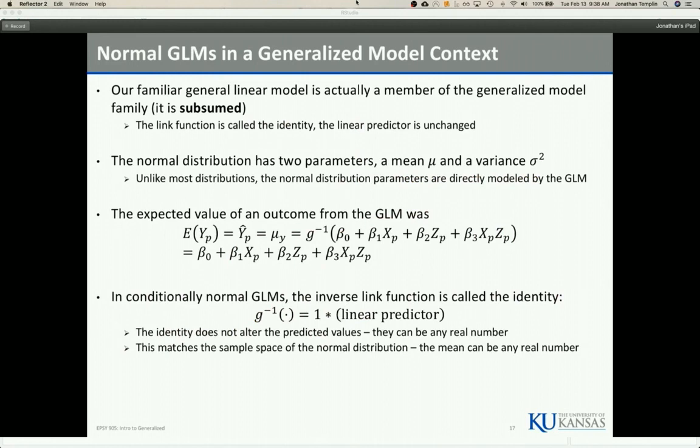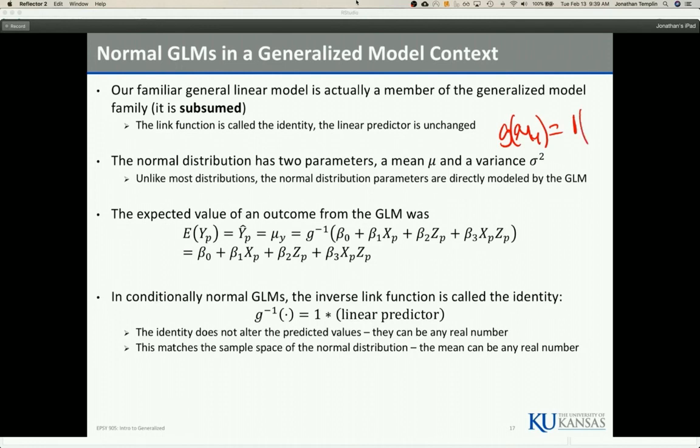So the funny thing about this is you've been doing this already, although the link function was pretty ridiculous. This allows me to introduce the concept of a model being subsumed, which means what we've done in linear regression is already a part of the generalized linear model itself. What I mean by that is, in linear regression, our link function, g of mu of y, was equal to 1 times the linear predictor.